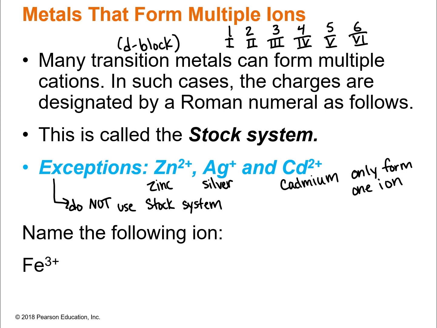Now I'll show you an example of how to use the stock system. It's very similar. You're still going to put the element name, then in parentheses you're going to put the charge, followed by the word ion.